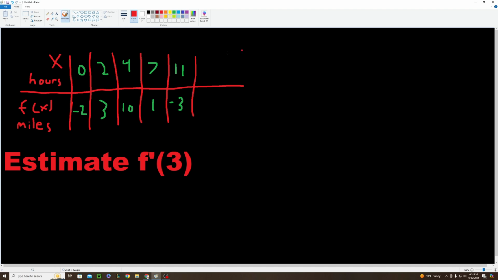So pretty much you use the slope formula, but you use it for these 2 points around 3 in order to get the average slope. So in this case, you do 10 minus 3 over 4 minus 2, since 4 and 2 are next to 3, and these are the y values that correspond to them. So you get 7 over 2.